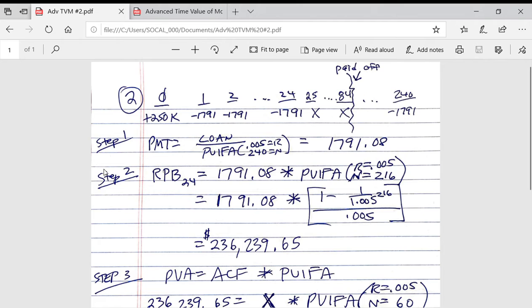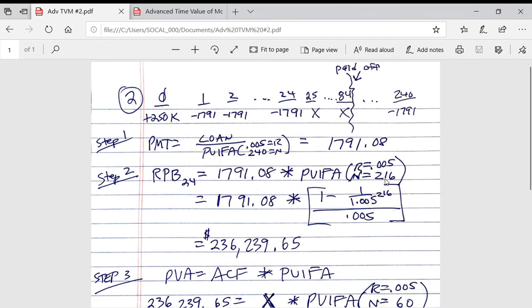Well, step 2. The remaining principal balance at date 24, as we've seen before, is the monthly payment, $1791.08, times the appropriate PVIFA, which in that case would be one with an opportunity rate of return per period of 0.5%, and 216 remaining payments. Why is N 216? Because 240 minus 24 is 216. We've already made 24 payments.